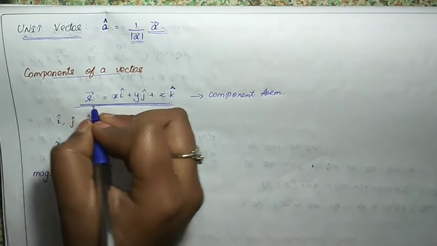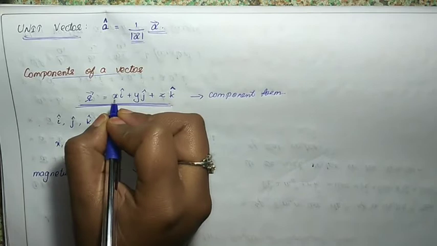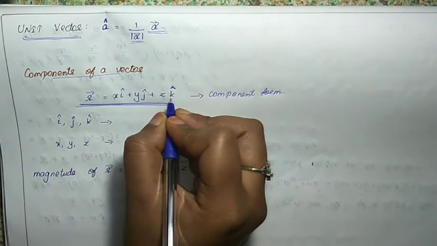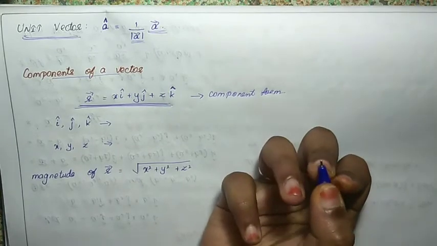Any vector equation that has xi cap plus yj cap plus zk cap is called a component form.